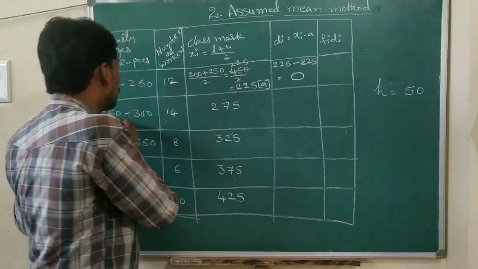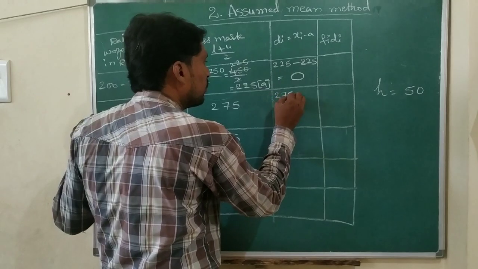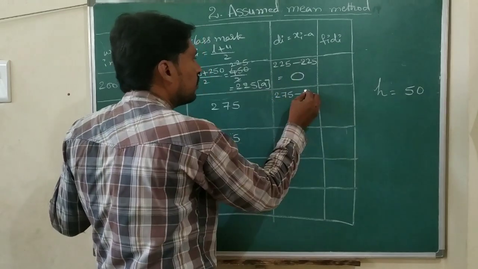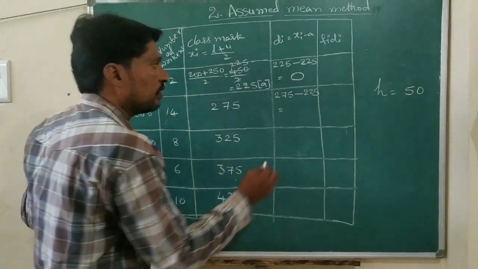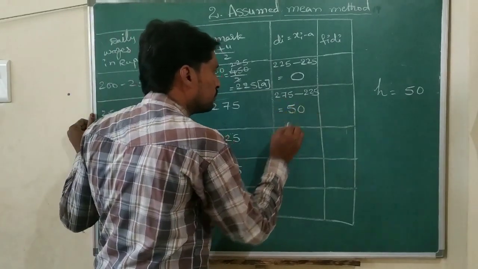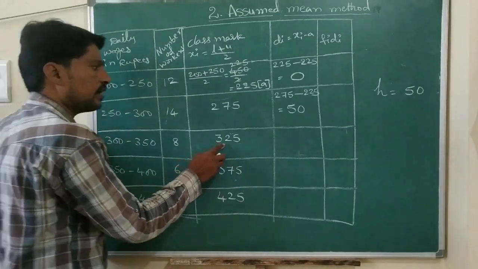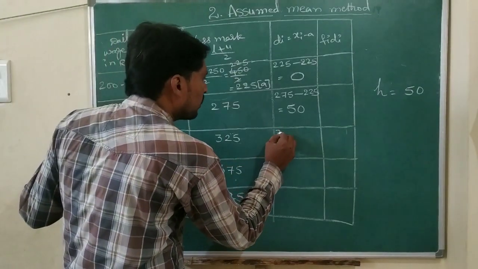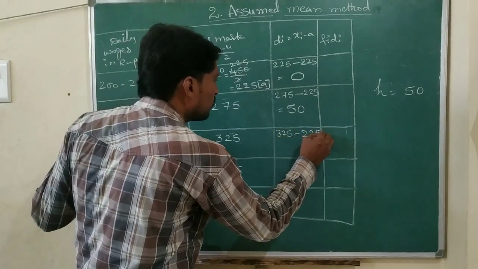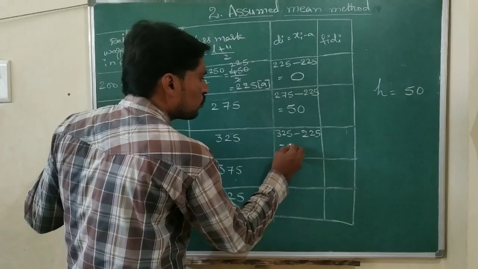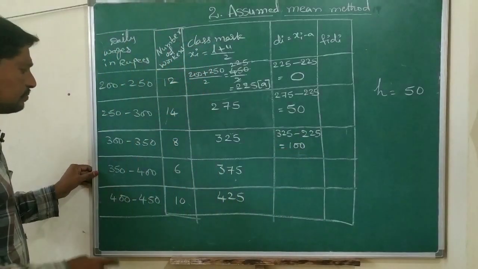Next class interval 250 to 300, xi is 275 minus a is 225, we get 50. For 300 to 350, class mark is 325, so 325 minus 225 we get 100.